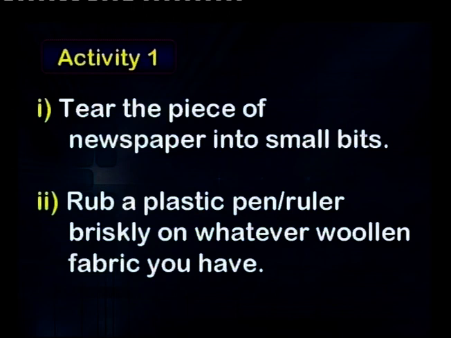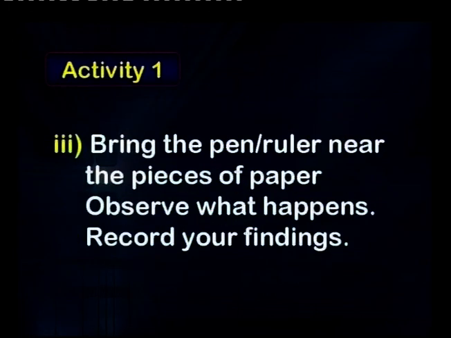You will rub them together with a piece of cloth there. And then the next step tells us you will bring the pen or ruler near the pieces of papers, observe what happens, and you will record your findings. So that's the first activity. First activity, we are going to work together with the pieces of papers there, using the fabrics and the plastic ruler.